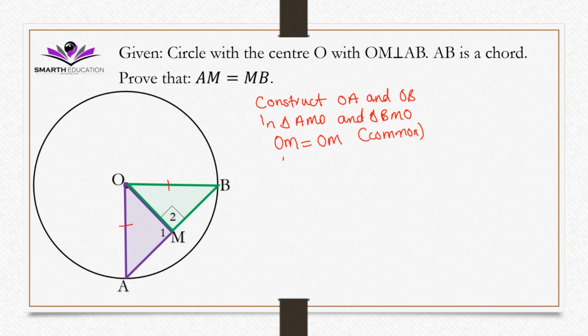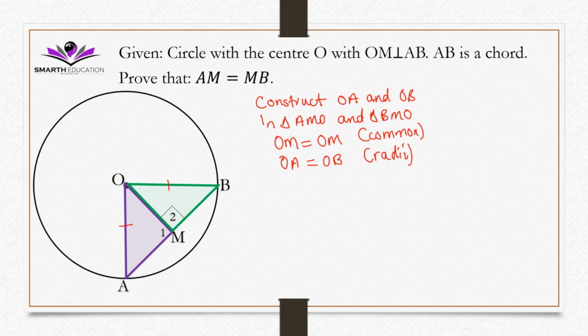Right, I'll start with triangle AMO. OA is equal to OB. What's the reason? Radii. Radii are equal. And then remember we said that the line from the center is perpendicular to the chord.